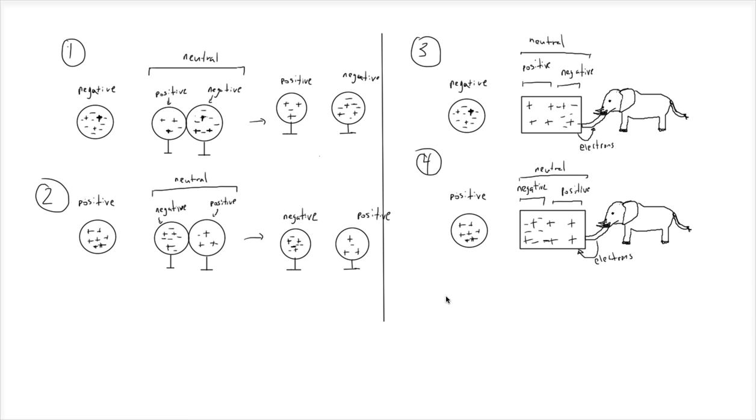And again, with induction before, when you removed the charged object, the thing went back to normal, and it was still neutral the whole time. And here, once we separate the two spheres, they no longer become neutral. They become positive and negative, and that becomes permanent; they're actually charged now.